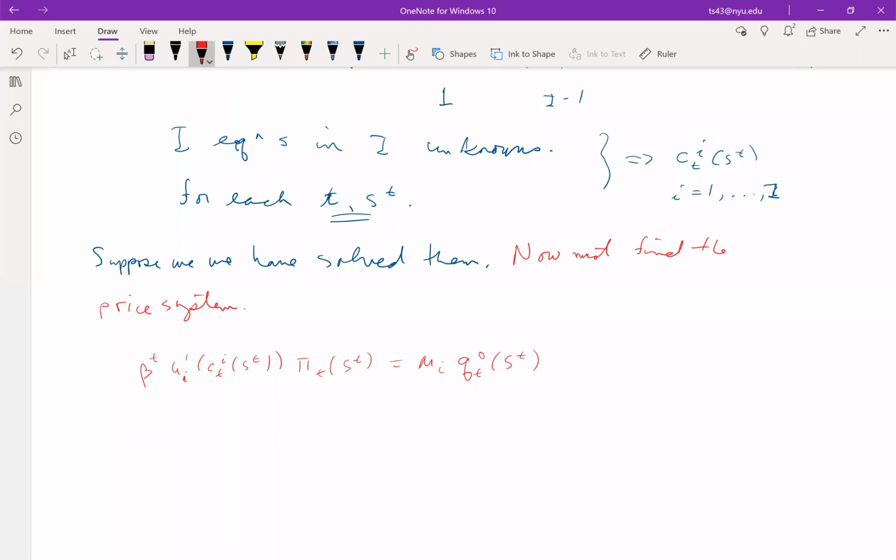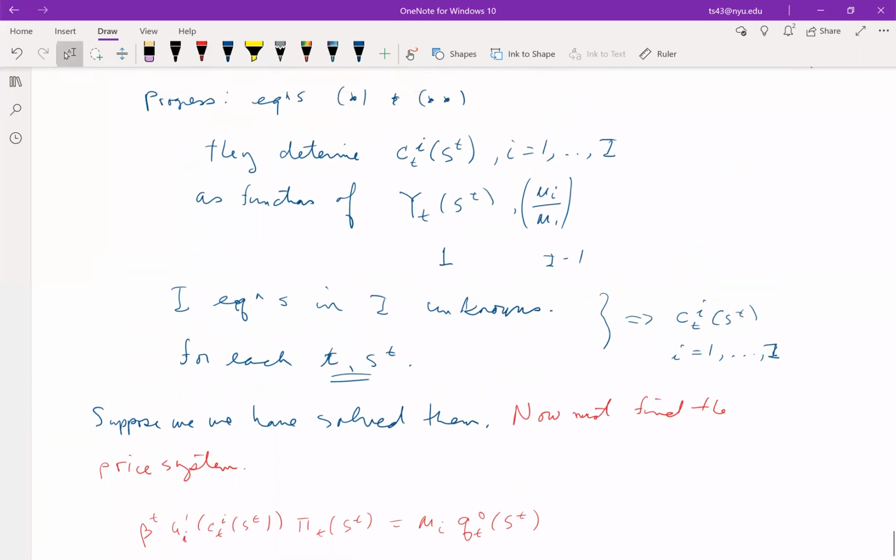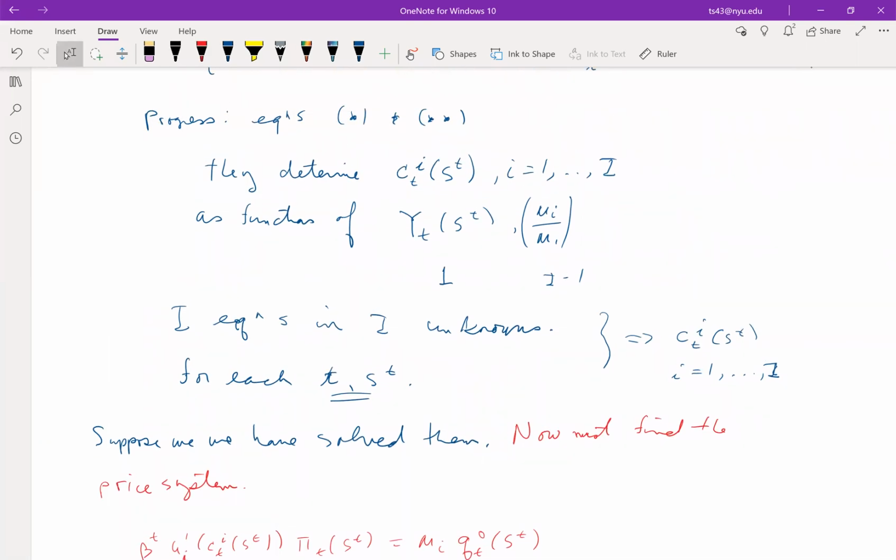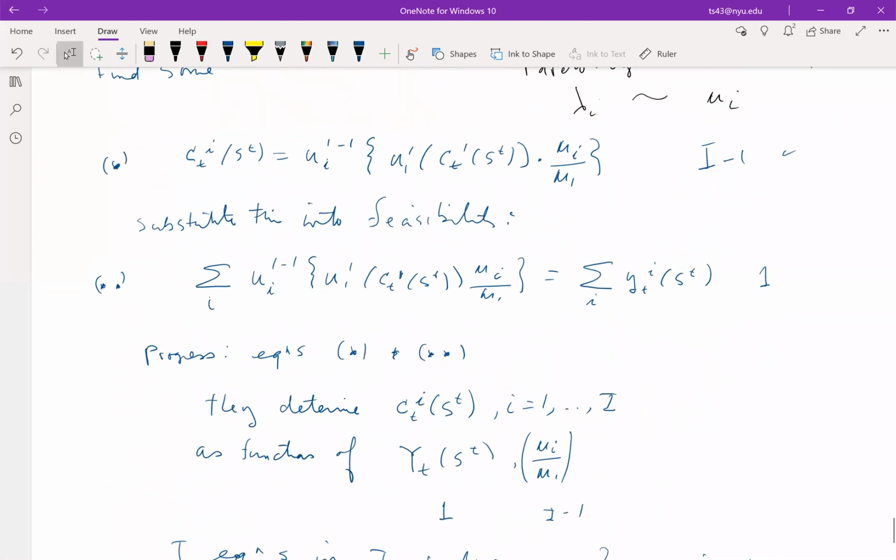Okay, so here's our system. So we're going to need some more equations. In the equations above, we had this system of equations star and star star.